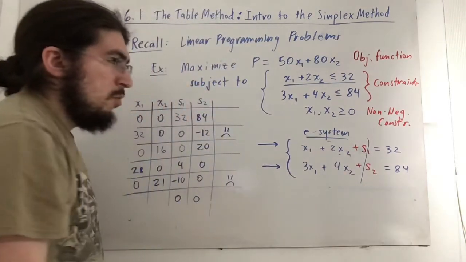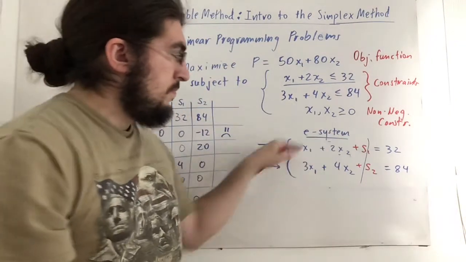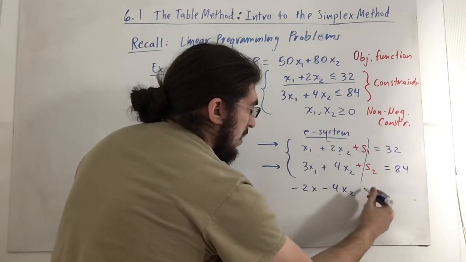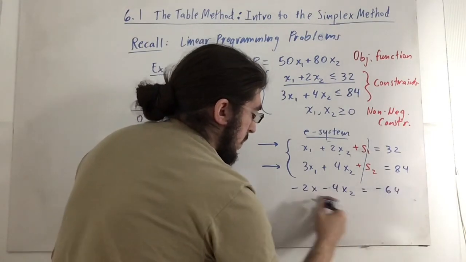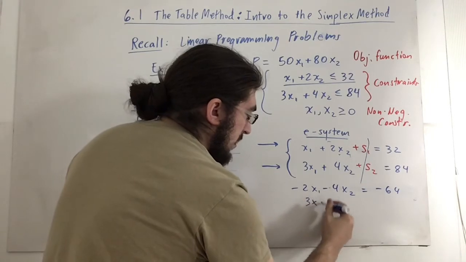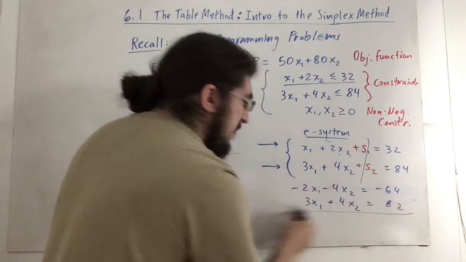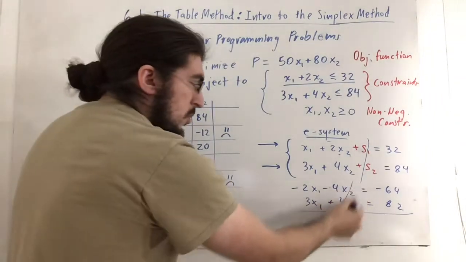Well, if you multiply the top by negative 2, you get this. The bottom stays the same. If you add straight down, you get x1 is equal to 20.